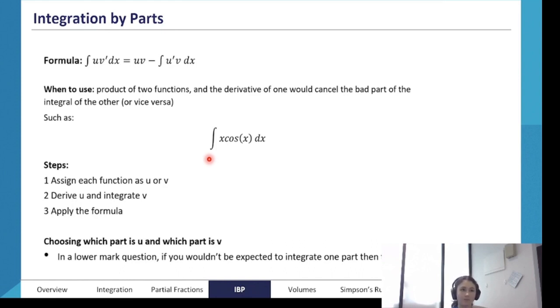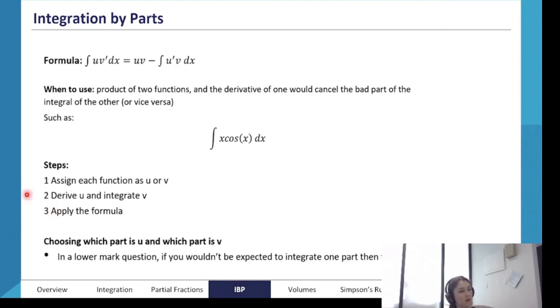And what I mean by that is that if you integrate one of these functions, it's going to cancel the other part that you don't want in an integral, because up here, of course, we're going to integrate, right? And we'll get into this in a second.